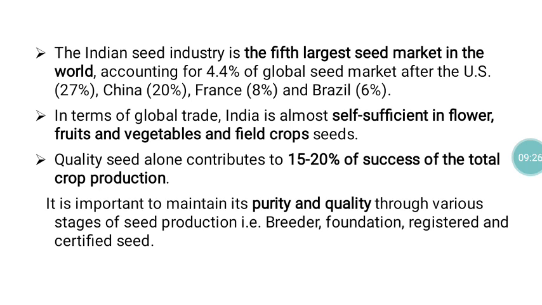Based on that, we realized the importance of quality seeds and their contribution towards the success of crop production. 15 to 20% of crop production success mainly relies upon the quality of seeds used for sowing. Another main thing is that it is important to maintain purity and quality through various stages of seed production.